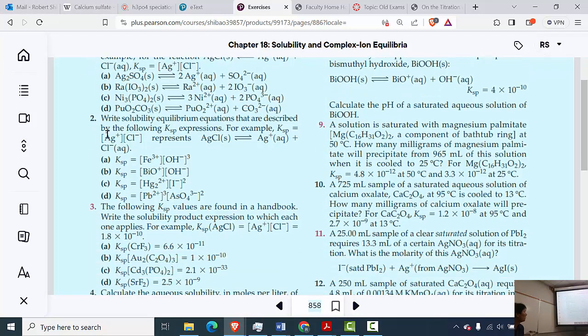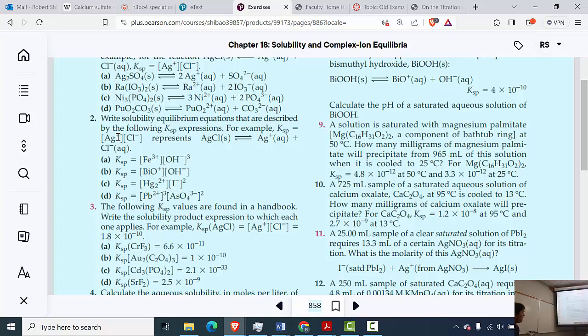Number 2, write solubility equilibrium equations that are described by the following Ksp expressions. When I look at A, this has got to be iron 3 hydroxide, solid. And so the Ksp equilibrium equation is going to be Fe(OH)3 solid goes to 1 Fe3+ and 3 hydroxides.